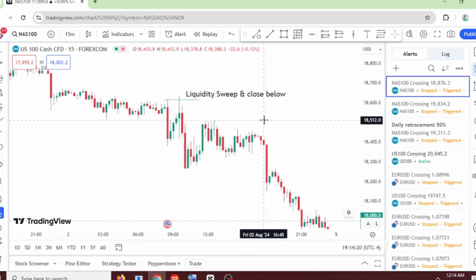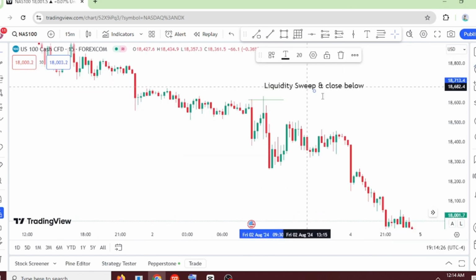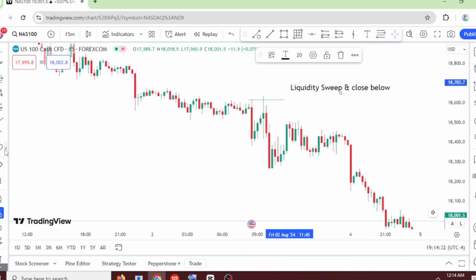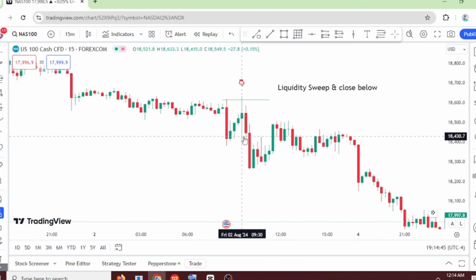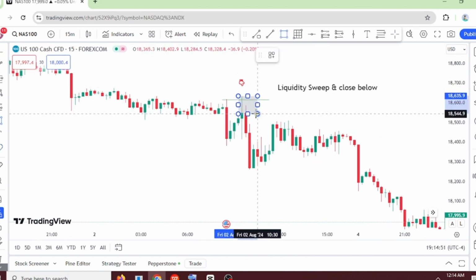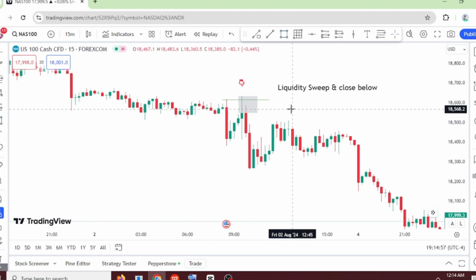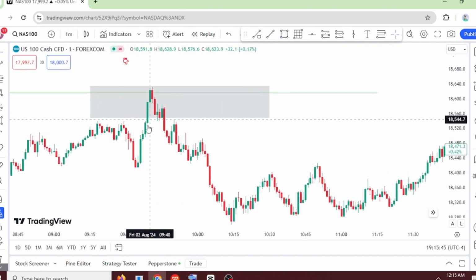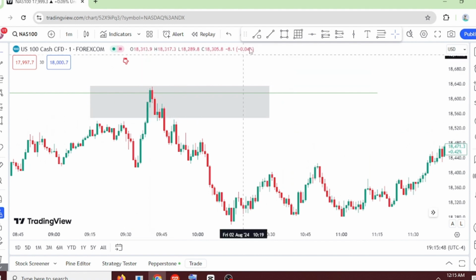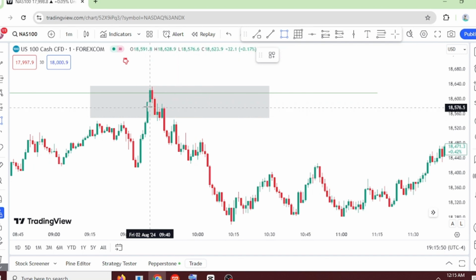So here, as you can remember, we look for entry setups to continue with the price trend which was going down. So after the liquidity has been taken out, you highlight the wick because we want to get into discount levels. So after you mark it like this, you go to lower time frames.